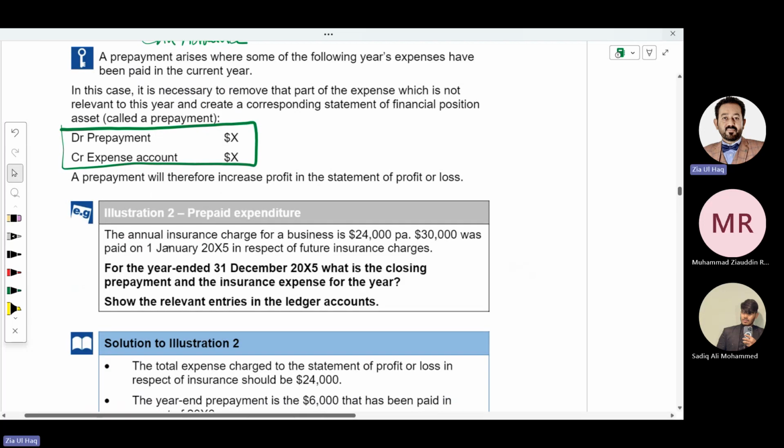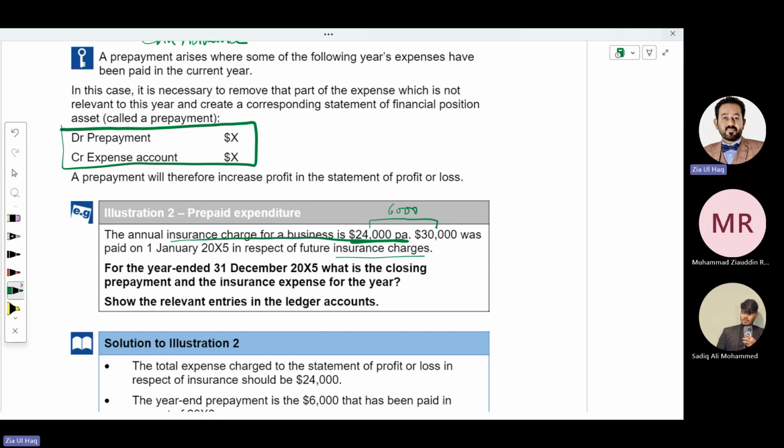Illustration 2. The annual insurance charge for our business is 24,000 per annum. Mean our per year insurance is $24,000. 30,000 was paid on 1st January 20x5. Mean if we pay 30,000, how much extra? Mean in advance we have paid 6,000 in respect of future insurance charges.